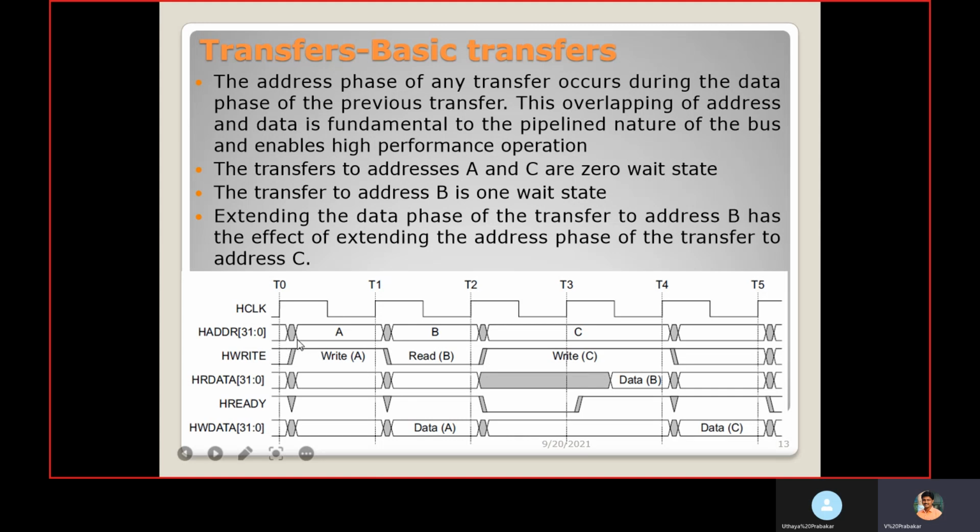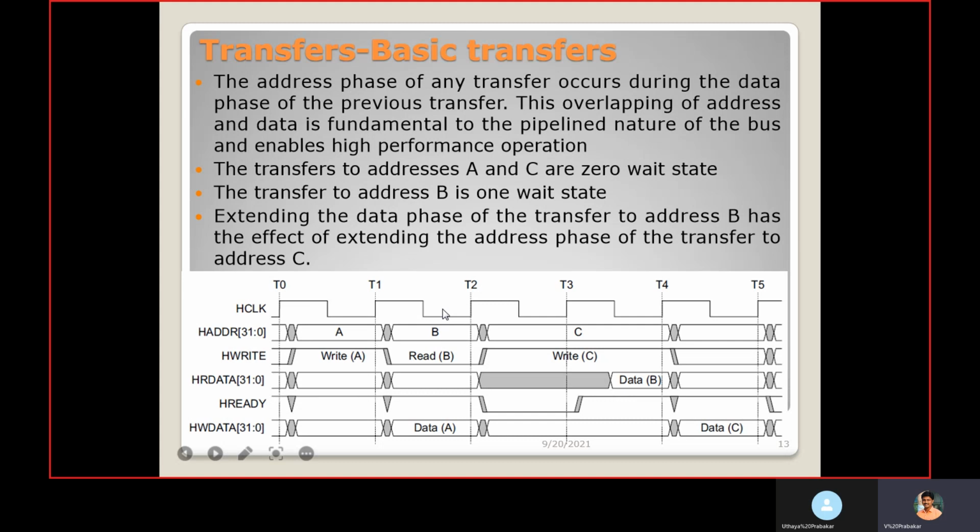So here we are going to perform a write operation for address A. This is the address phase of A, and this is the data phase for A. In the write data, I am giving the value for the corresponding location A. So this is the address phase, this is the data phase, and here I am also going to perform the address phase for B. So the data phase of A and the address phase of B happen in this cycle.